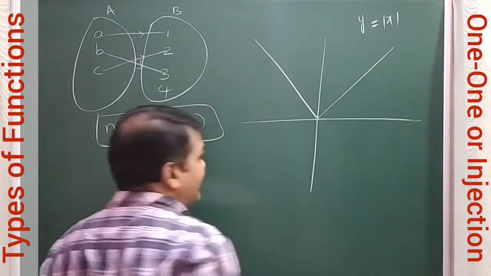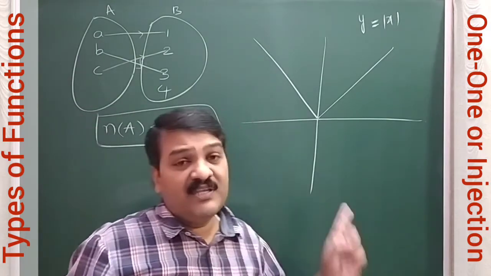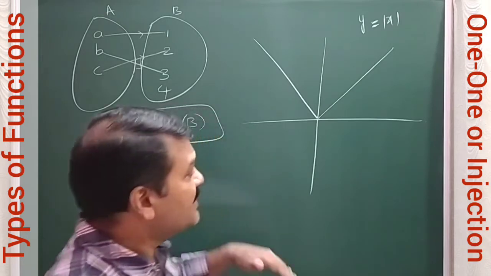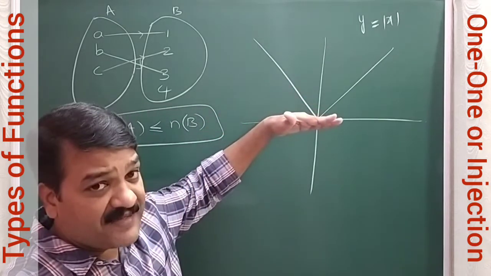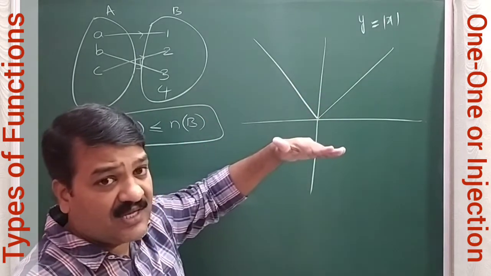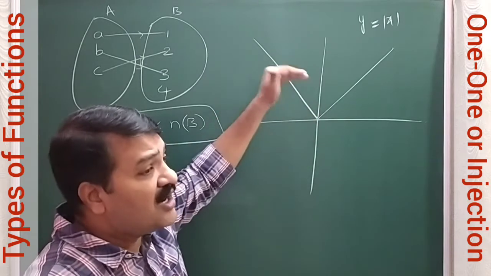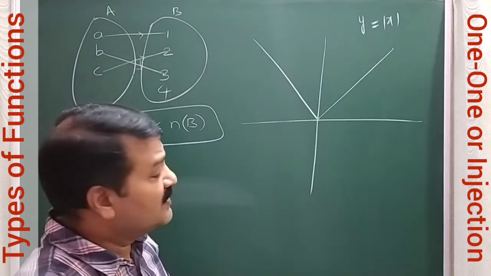Now graphically, to check whether a function is 1-1 or not, we will use the horizontal line test. That means we will draw any horizontal line, which is parallel to the x-axis. Any horizontal line drawn parallel to the x-axis should not cut the graph more than once.